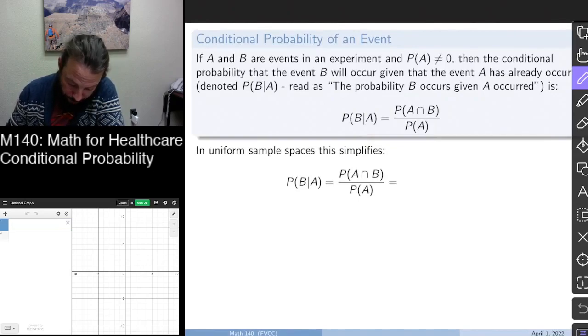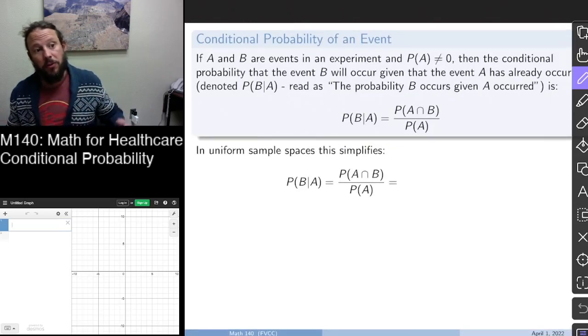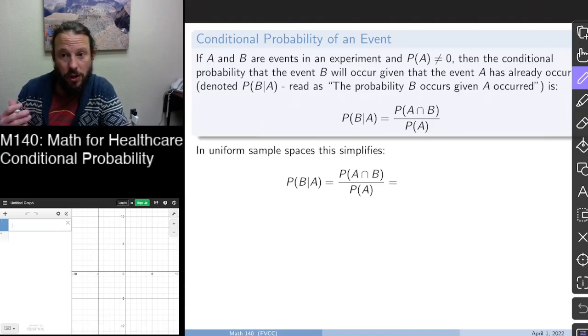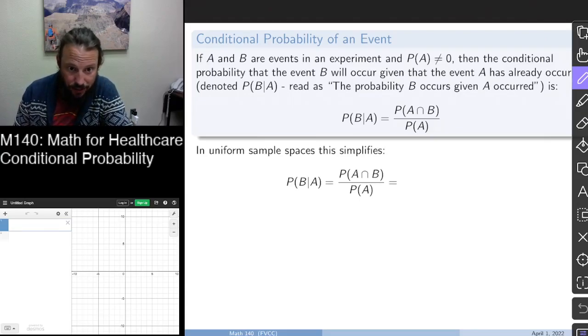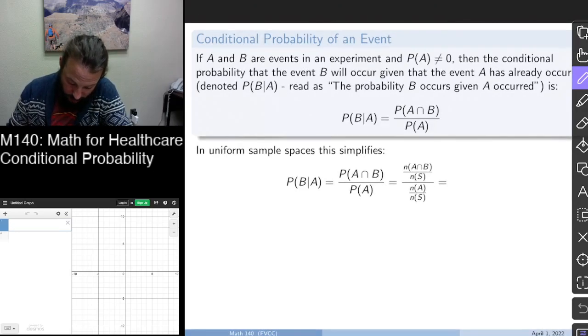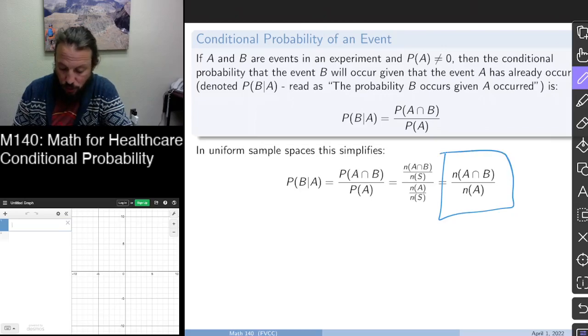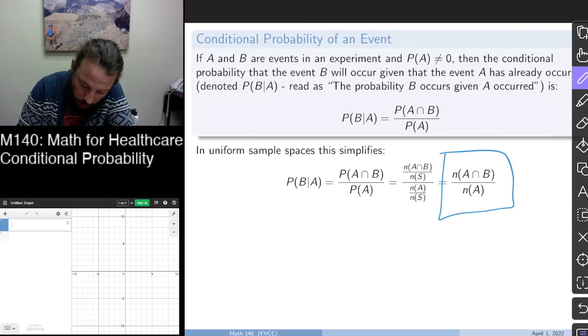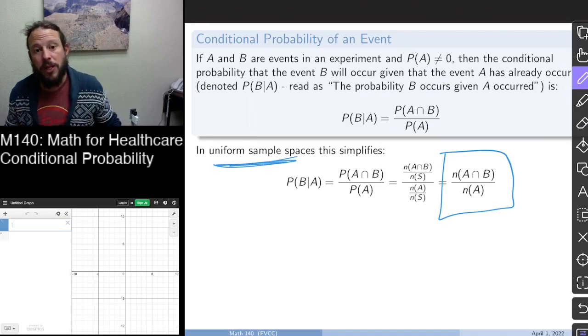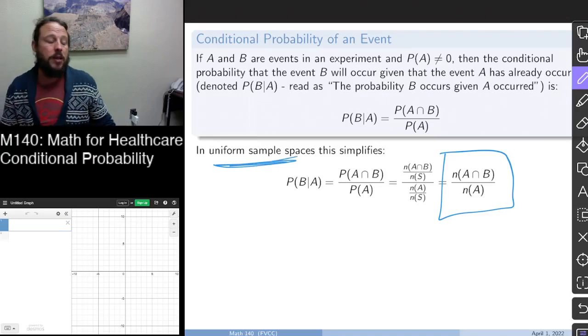Now, in a uniform sample space, like we've been seeing, just like with our union rule, we can look at the size of sets instead of the probabilities of each one. Remember, uniform sample spaces mean equally likely events.